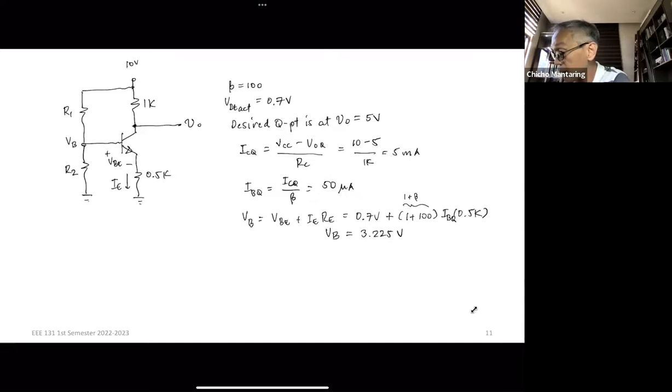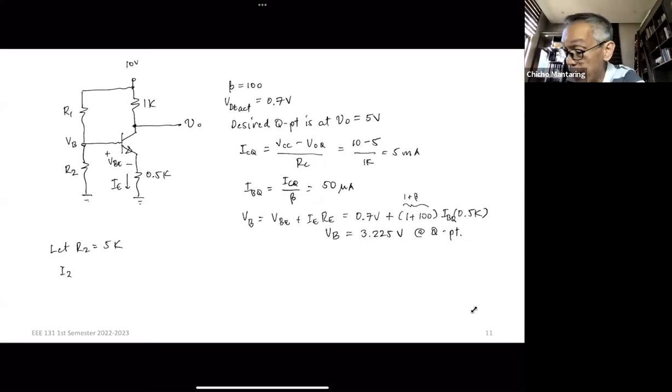This is VB at the quiescent point, at the Q point. That's the value of V sub B at the Q point. So I now have this 3.225 volts. I can choose any value of R1 and R2 that will produce this. Okay, so let's just say arbitrarily that I let R2 equal to 5K.